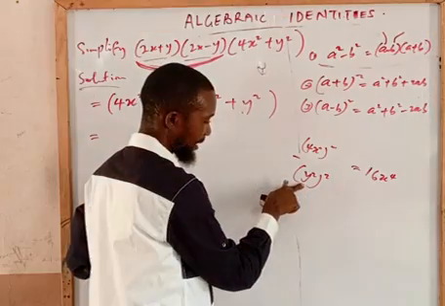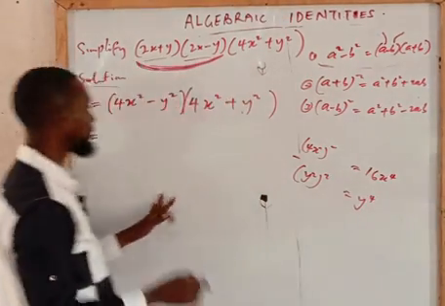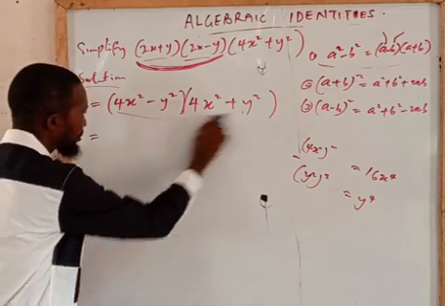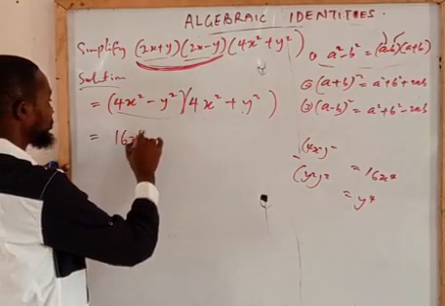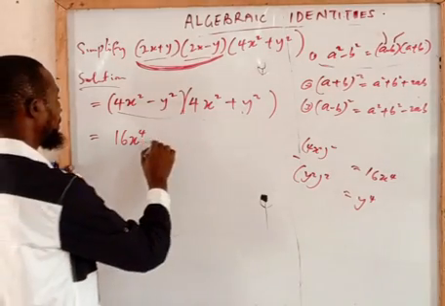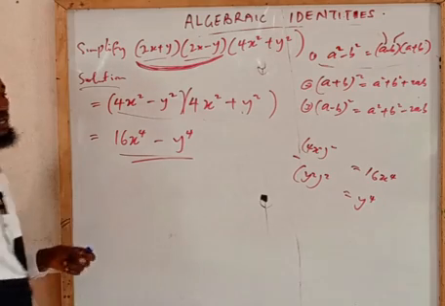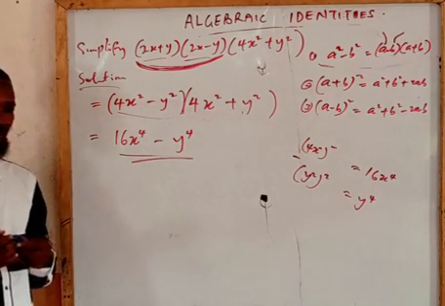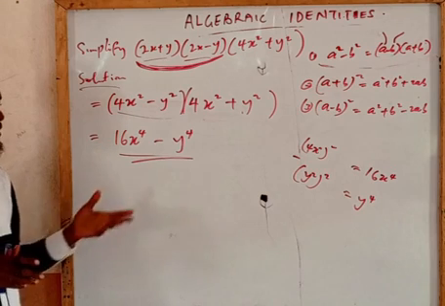And if I square y squared, that will give me y raised to power 4. Meaning that when we simplify what we have here, the result we are going to get is what? 16x raised to power 4, right? Minus y raised to power 4, which is the answer to this question. And I hope that is taken. So we still have more questions to solve before we call it a day.